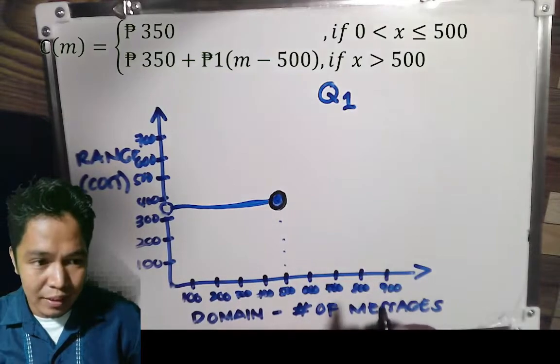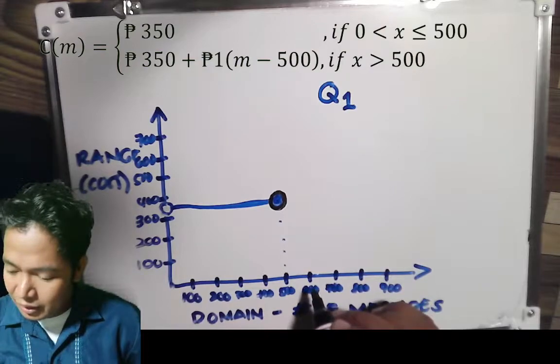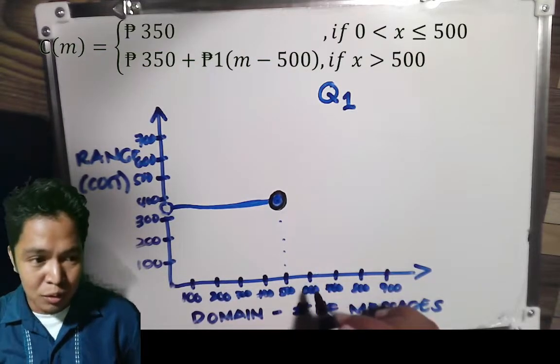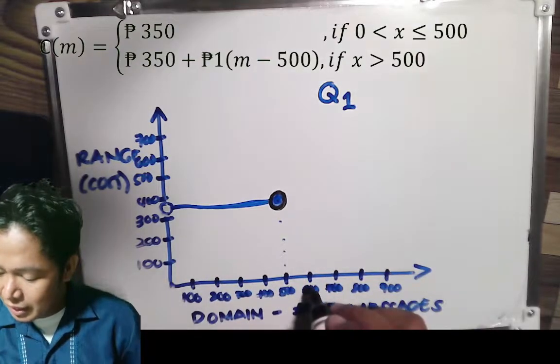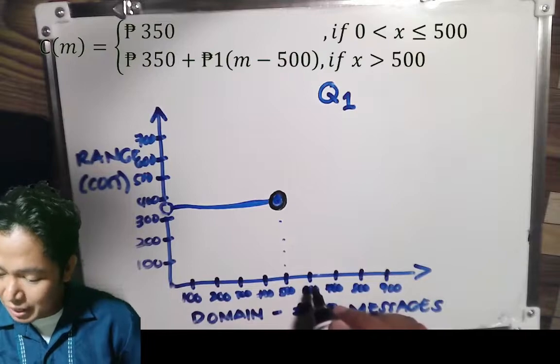Open dot. And then, yung ating sunod na ano dyan is, hanapin muna natin yung magiging value ng cost kapag ang domain niya ay 600.